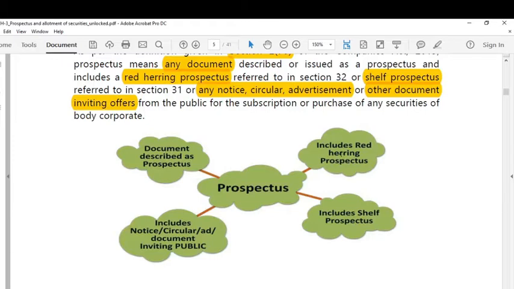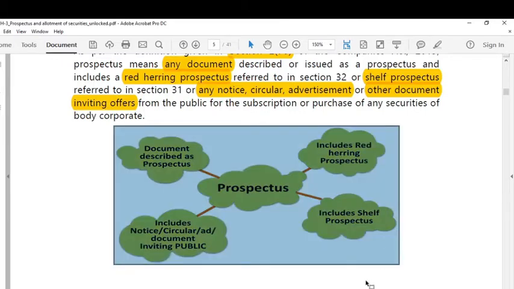Before releasing a movie, we get a film review, which gives the gist of the movie, the highlights of the movie. In the same way, the red herring prospectus will also give the highlights, the salient features of a prospectus. So, a prospectus includes a red herring prospectus.